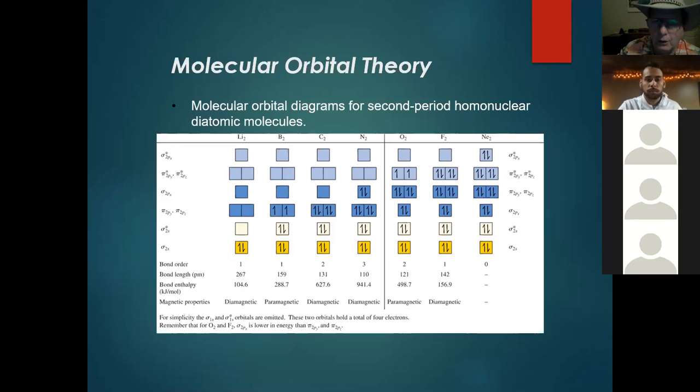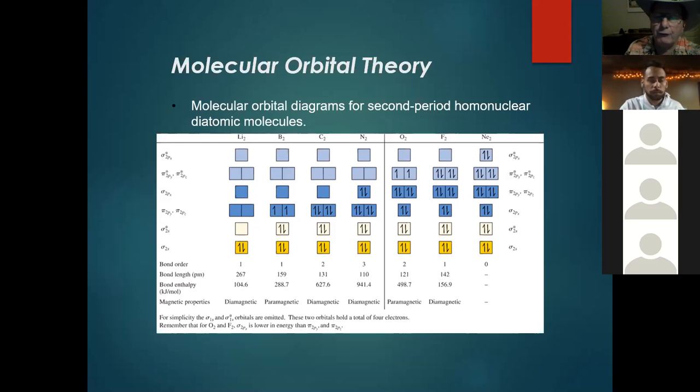Okay. Now let's look at carbon. Carbon has 6 and 6. It has 12 total electrons. The first 4 go into sigma 1s bonding, sigma 1s antibonding.